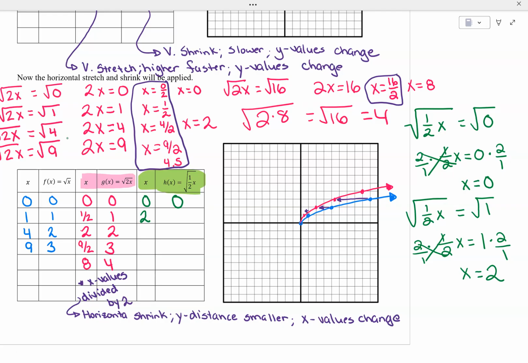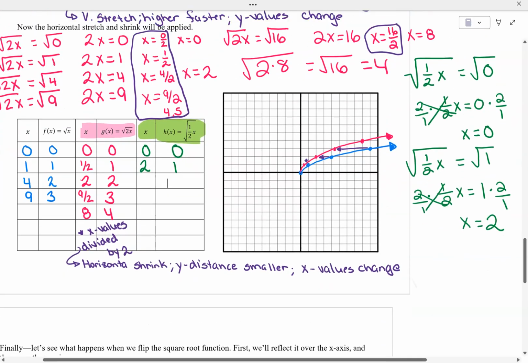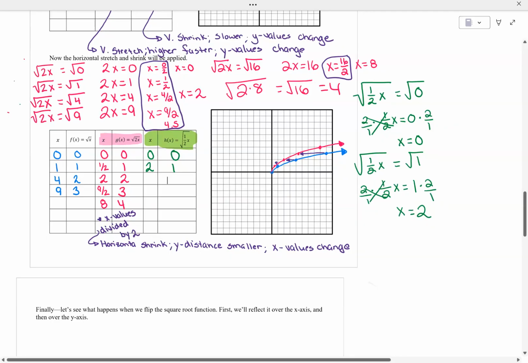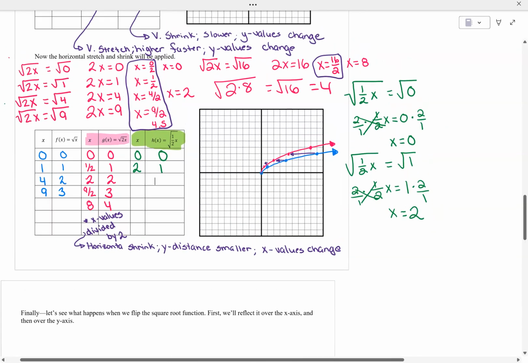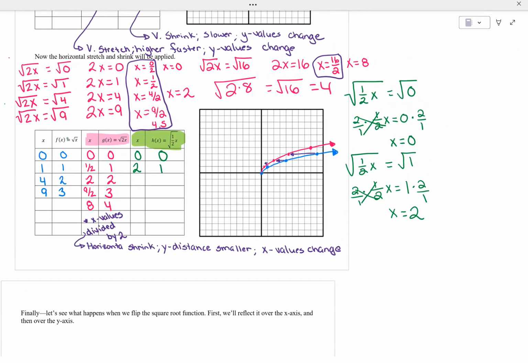So if x is 2, square root of 1/2 times 2 gives me the square root of 1, which gives me 1. Okay, I think I'm going to have to zoom out a little bit more.